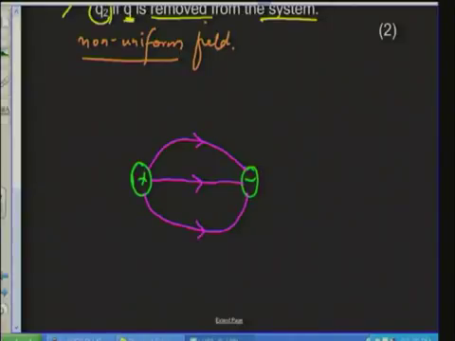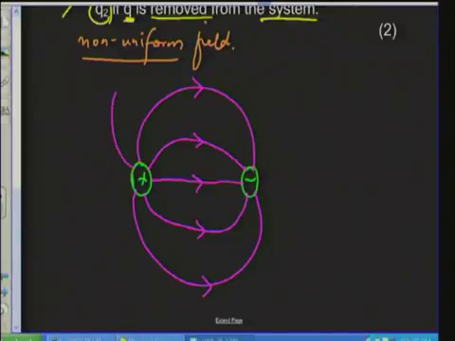Okay? Can have another one like that. Starting perpendicularly, landing perpendicularly. Okay? Like that. And then you can have this. Can have that. Okay? Remember, from positive, radiating out into negative, coming in. So that is the direction of your field.